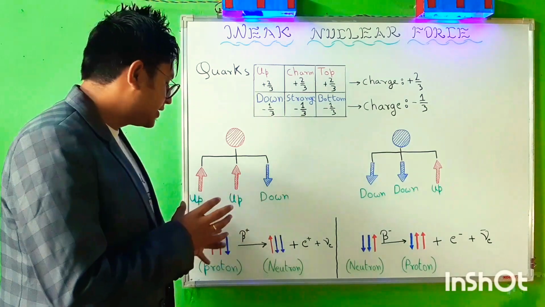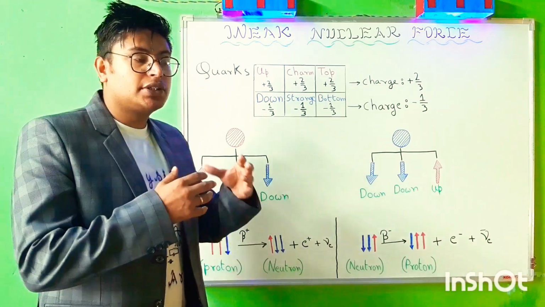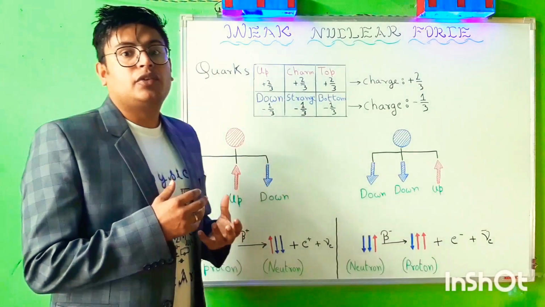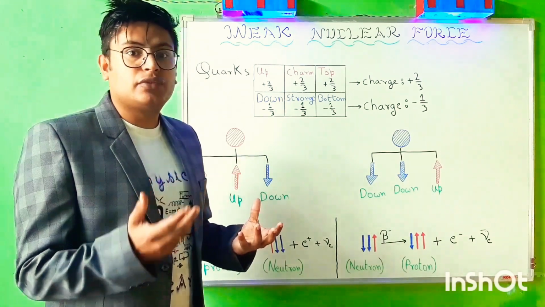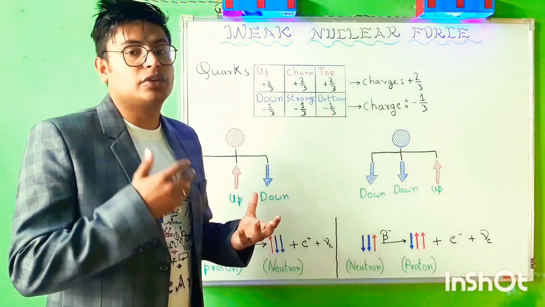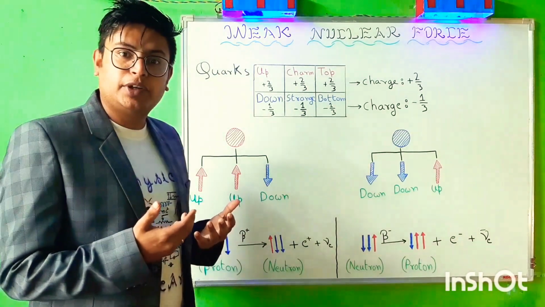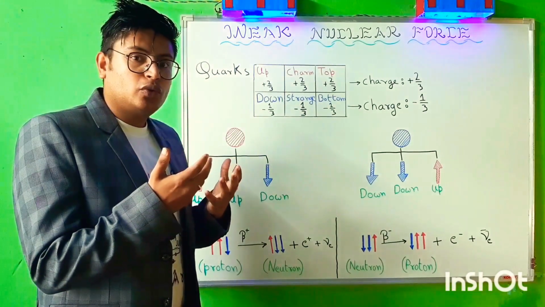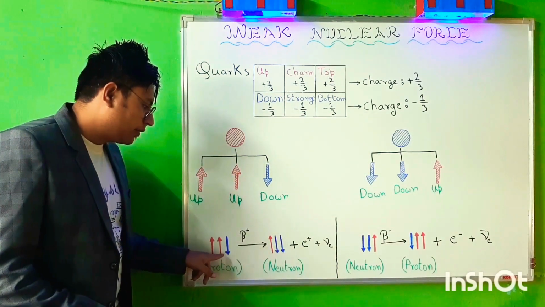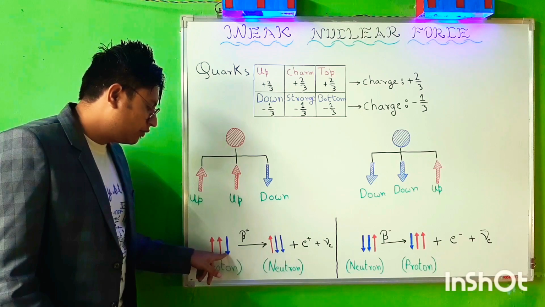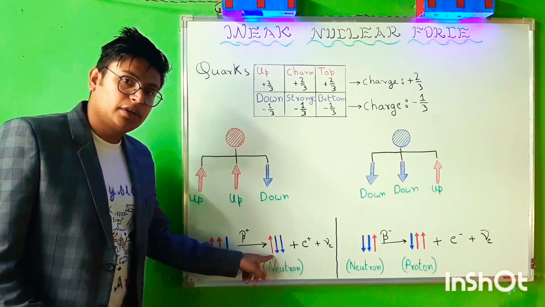Till now it seems like magic because one particle is changing into another particle. That is what I said regarding your fundamental forces, that the reason is magic if you do not know the force, and the reason is physics if you know the force. Till here it is magic. The moment we know which particle is changing one type of particle into another type of particle, it is physics.